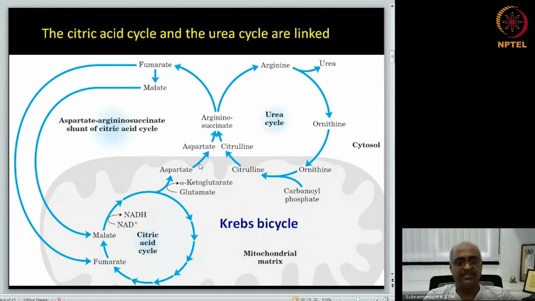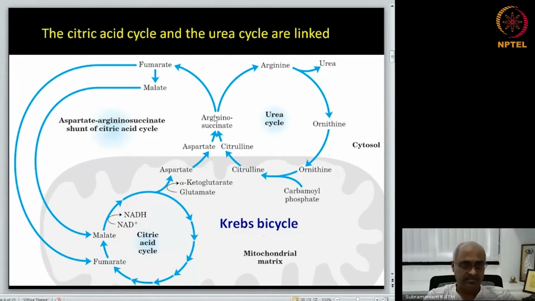And what's the connection to TCA cycle? In TCA cycle, oxaloacetate through transamination can form aspartate. Okay, from glutamate, the amino group can be transferred to oxaloacetate, forming aspartate. And the glutamate, now the remaining carbon skeleton of that will be alpha ketoglutarate. And that aspartate can enter here.